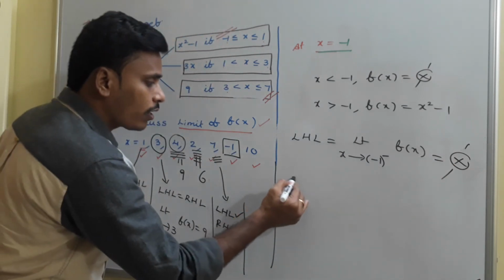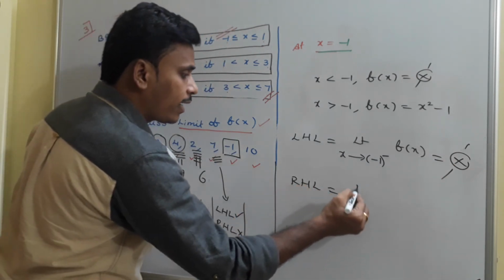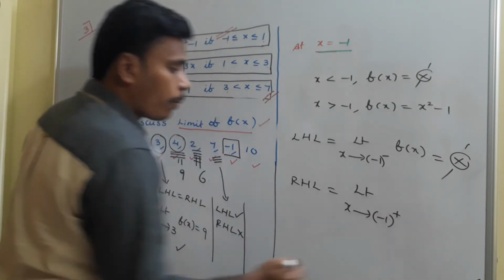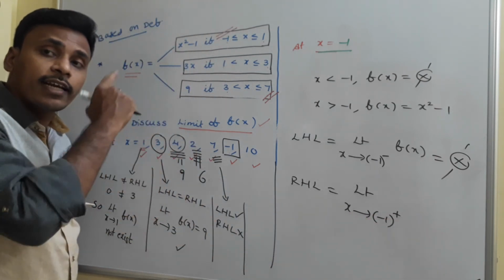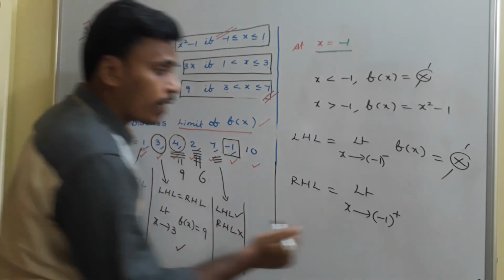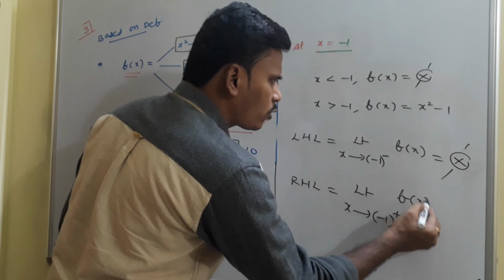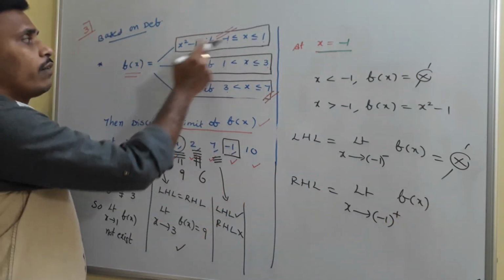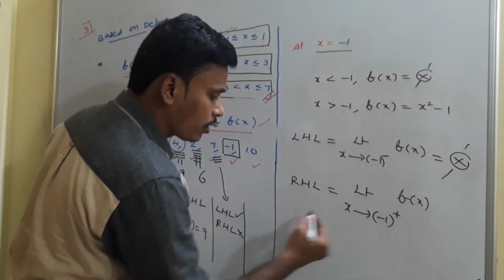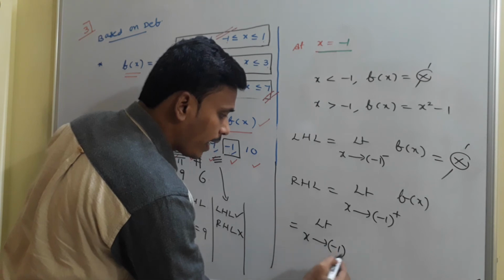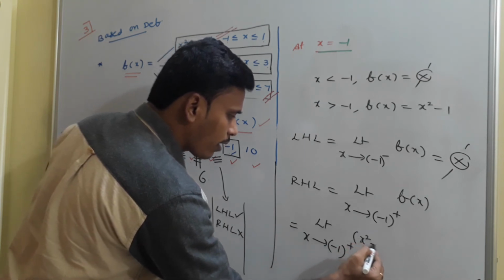Whereas for the right hand limit, x tends to minus 1 plus, we are discussing the limit to the right of minus 1, so limit x tends to minus 1 plus f of x. Here, right of minus 1, f of x is x square minus 1. So this equals limit x tends to minus 1 plus x square minus 1.